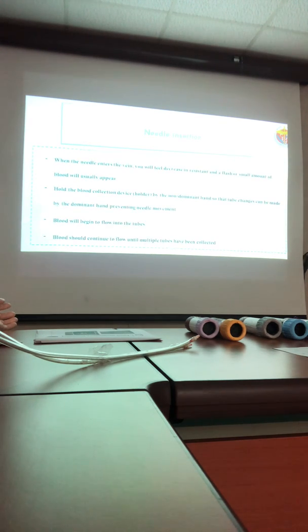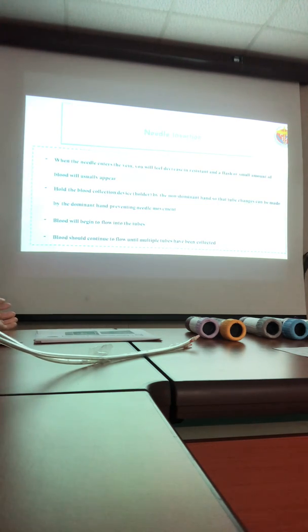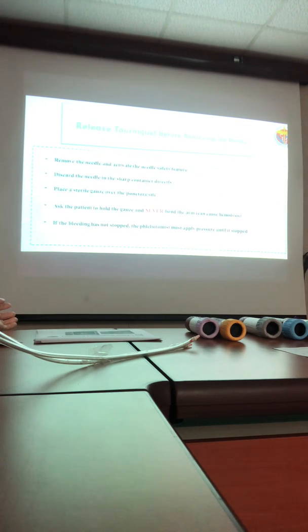When the needle enters the vein, you will feel a decrease in resistance, and a flash or small amount of blood will usually appear. Hold the blood collection device, the holder, with the non-dominant hand, and change the tube with my dominant hand. Blood will begin to flow into the tubes, and should continue to flow until multiple tubes have been collected.